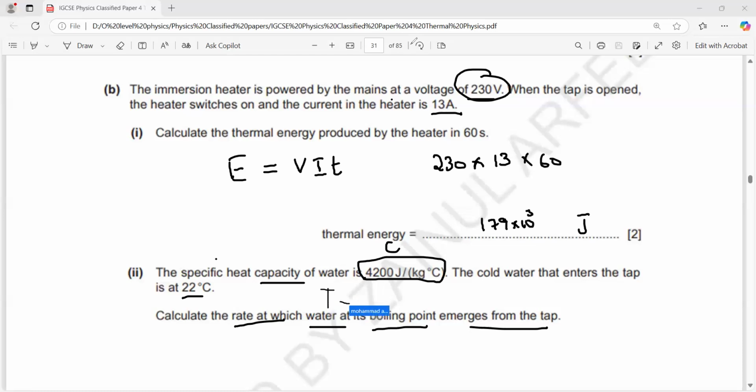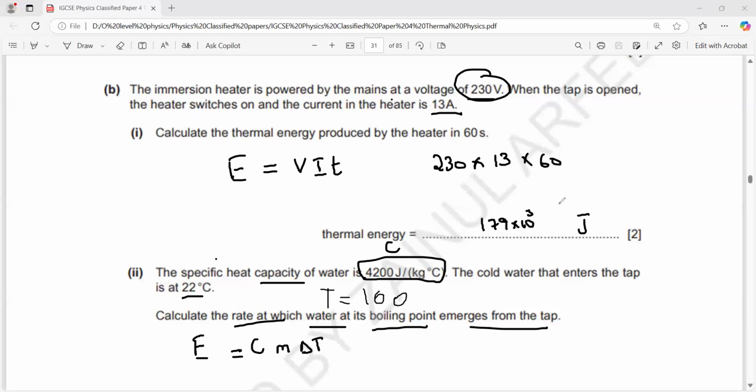So in this case, whenever a question is related to specific heat capacity, your boiling point is the final temperature, 100. Now, we have the formula that whenever a temperature change is there, the energy equals specific heat times mass times temperature change. How much energy is supplied?